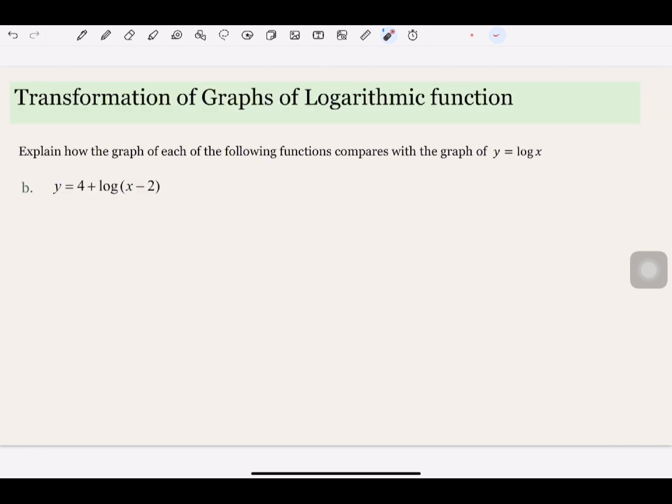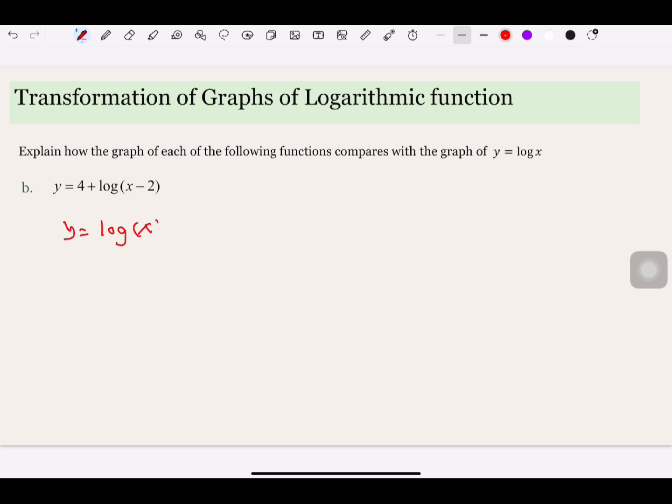Moving on to the second example. Now you have y equals 4 plus log of x minus 2. Again, you don't have a base, which means you are looking at common logarithms. This expression has two transformations applied to the parent function y equals log x.